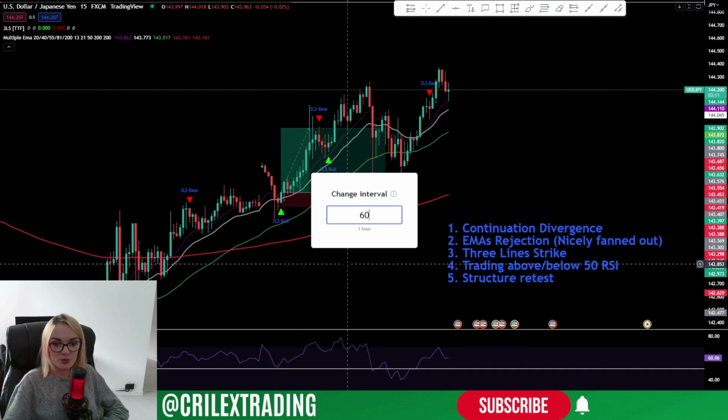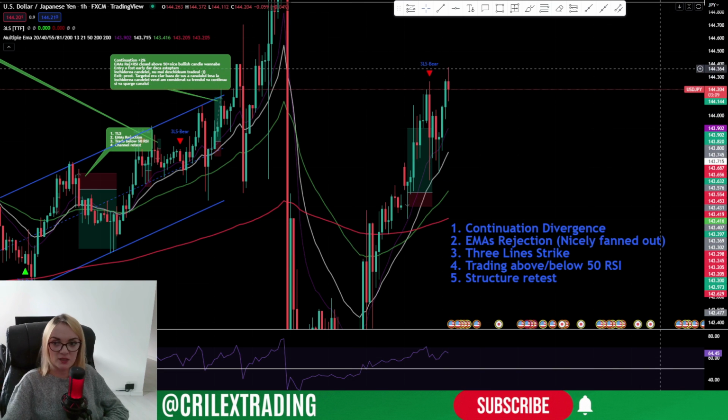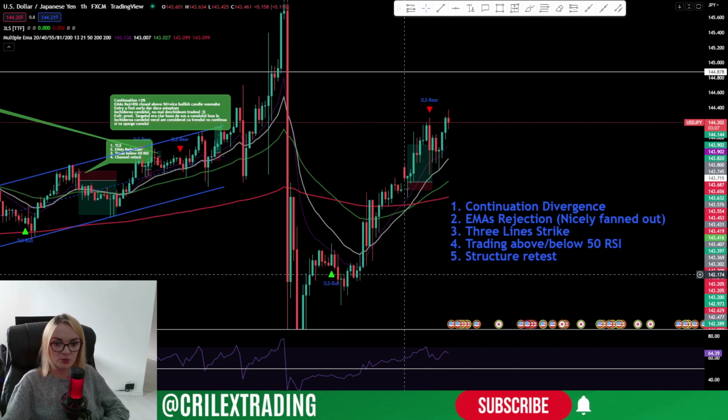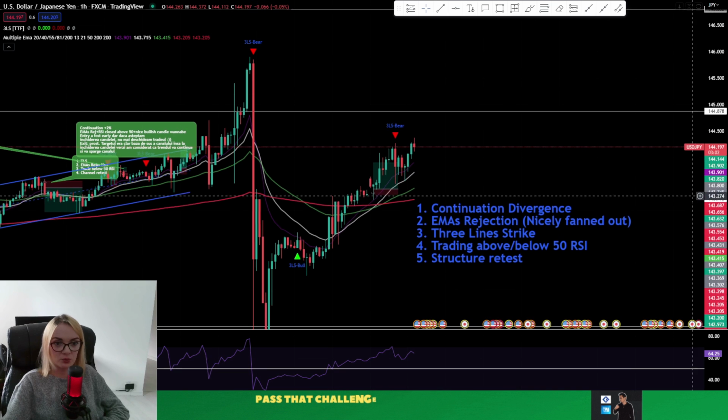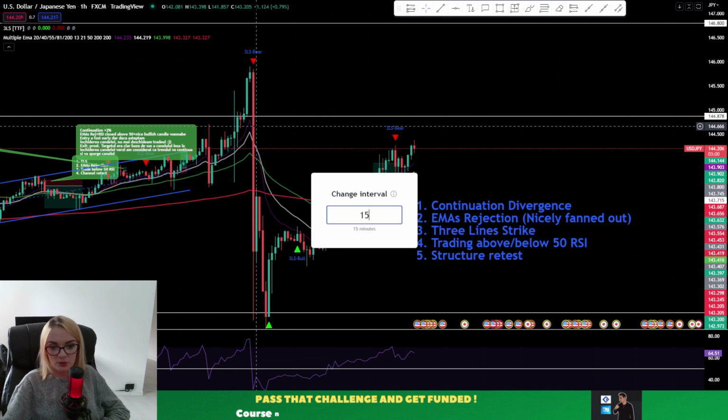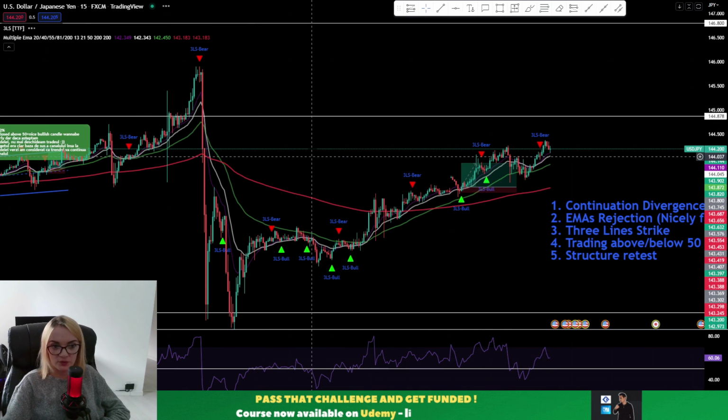So let's go to the 1 hour time frame, and let's see a really beautiful thing here. So if you would open this position here, our target will be somewhere, I think we can see this also on the 15 minutes.